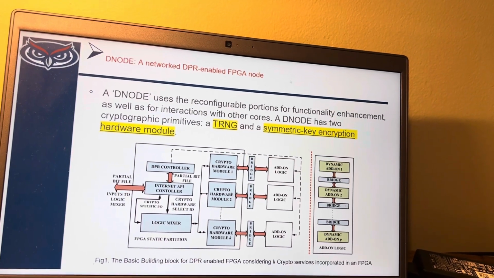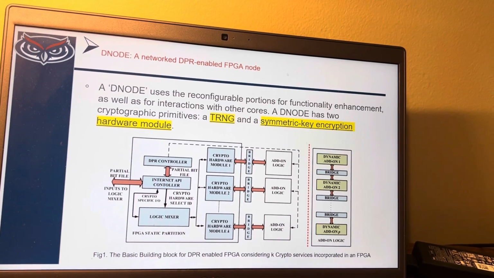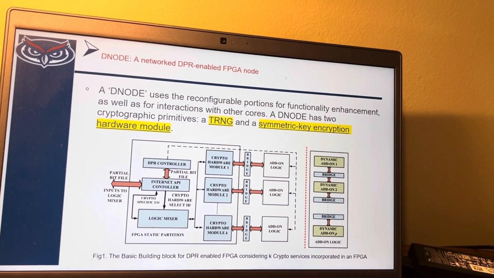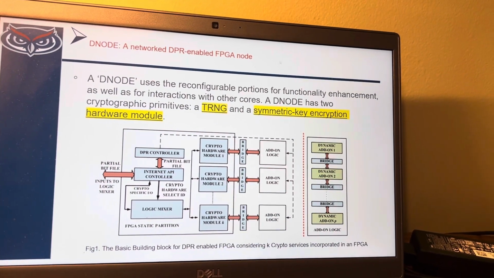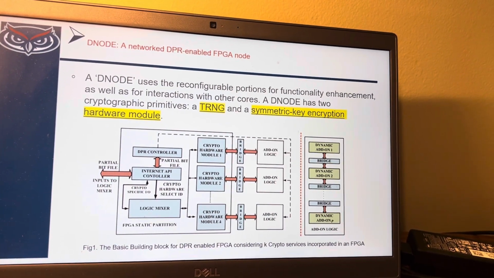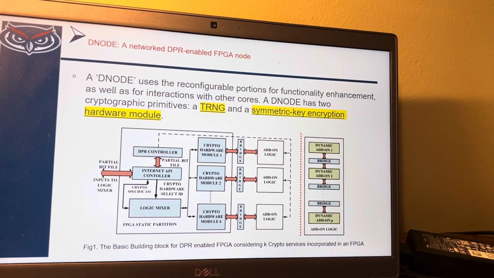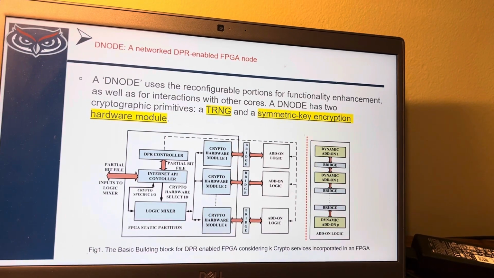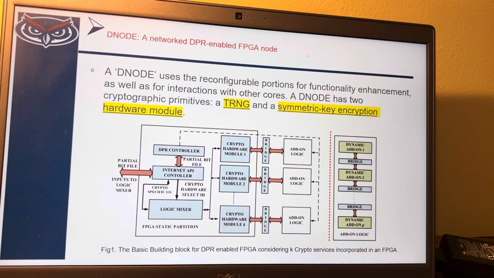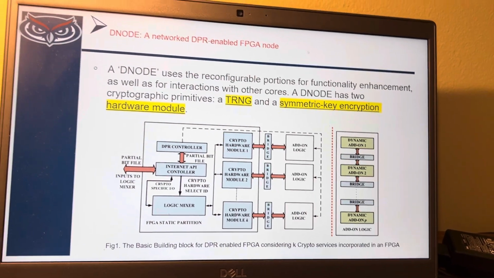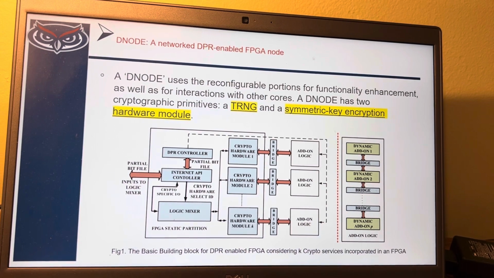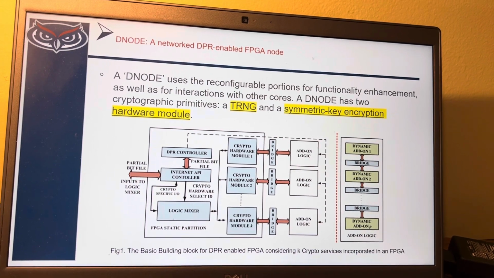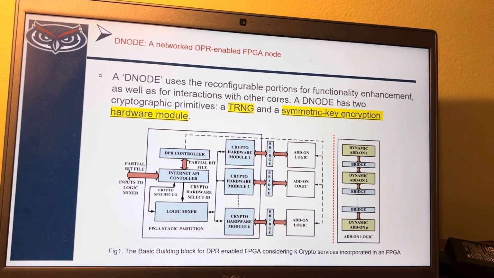We're going to define the D-node. What is a D-node? A D-node uses the reconfigurable portions for functionality enhancement as well as for interactions with other cores. And a D-node has two cryptographic primitives: a TRNG, or true random number generator, and a symmetric key encryption hardware module.